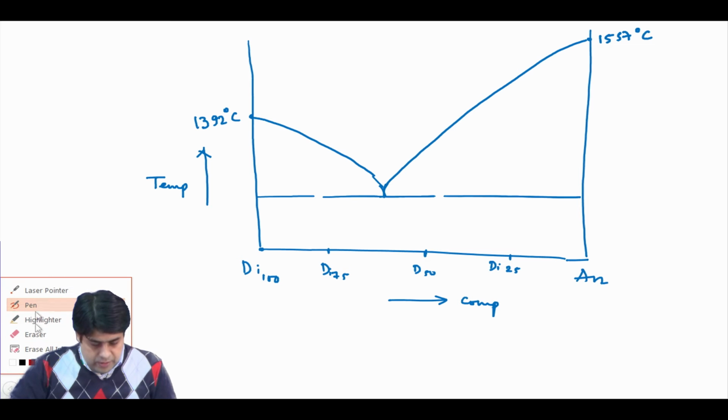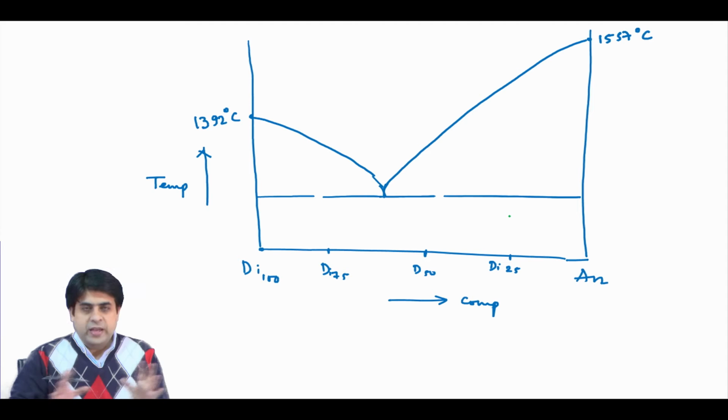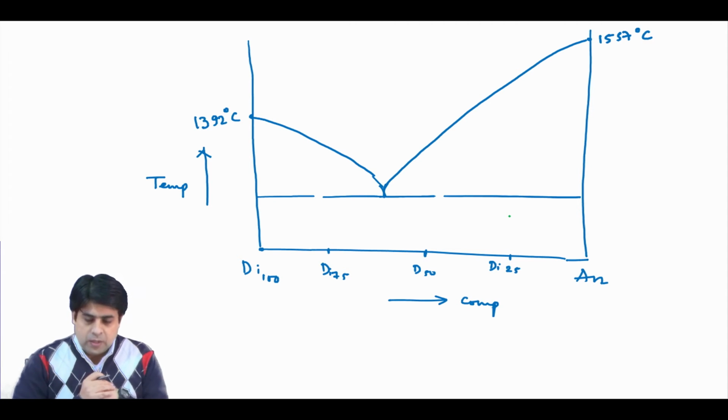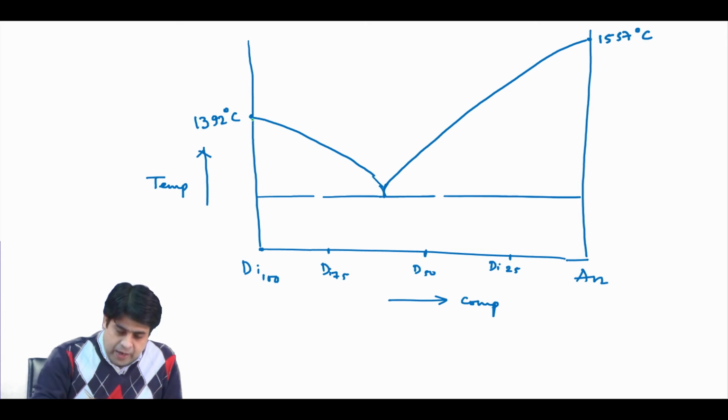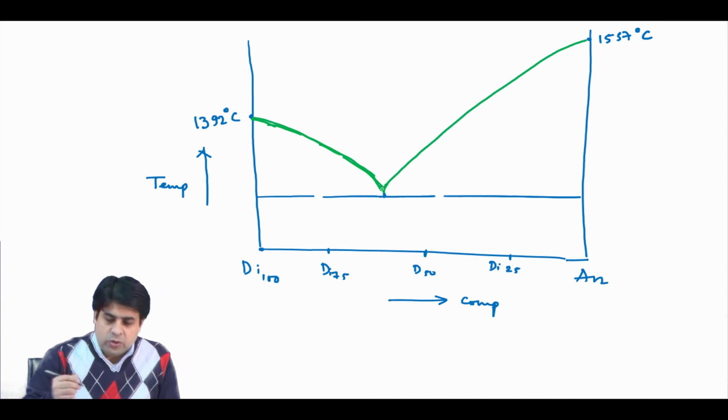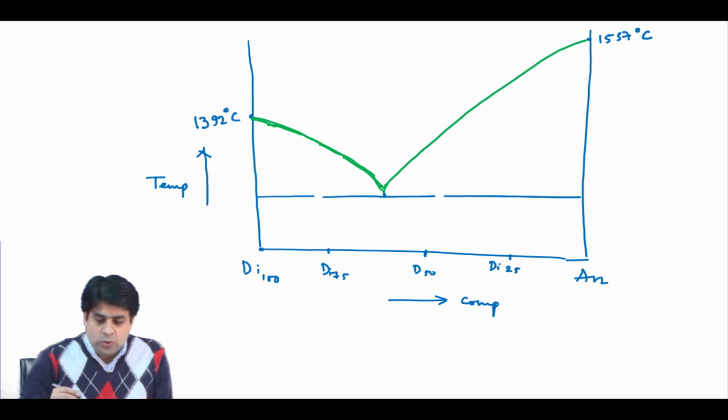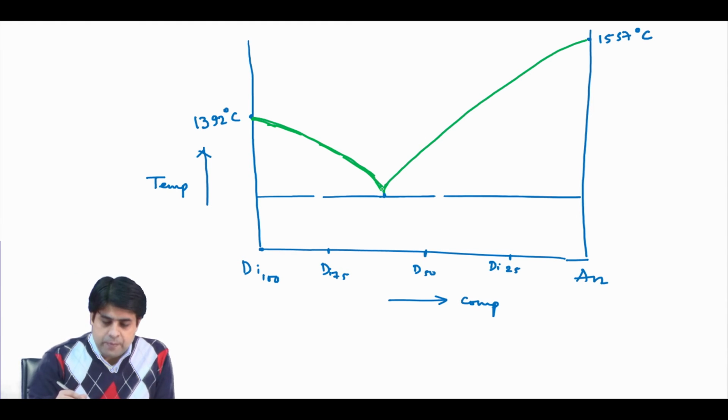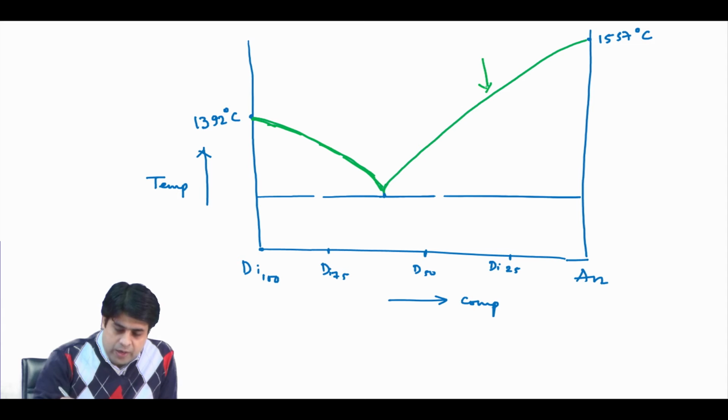If you try to define these different curves in this particular binary system, this curve is your liquidus curve.